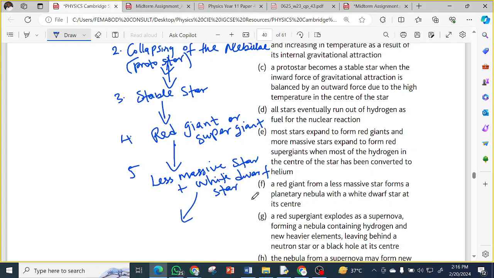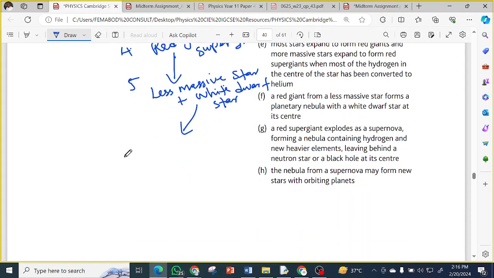And after this, there will be a supernova. That's an explosion. The supernova explosion is the same thing as the Big Bang, actually. That's another explosion, which leads to the formation of a neutron star or black hole.